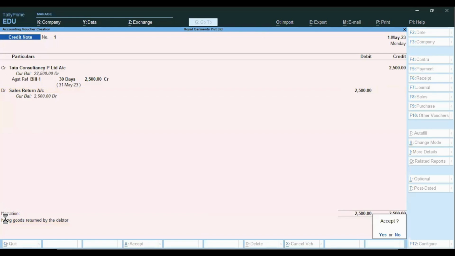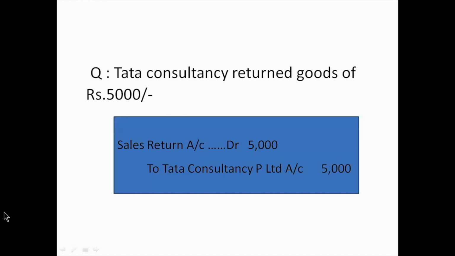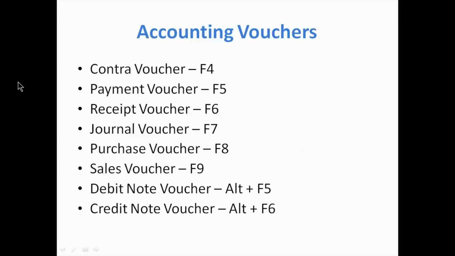Enter, enter. So this is how we can enter different types of vouchers. Till now we entered Contra voucher through F4, payment voucher for making any type of expenses through F5, receipt voucher for entering all types of receipts through F6, journal voucher for adjustment entries through F7, purchase voucher through F8, sales voucher F9, debit note that is purchase return through Alt F5, and credit note that is sales return Alt F6.